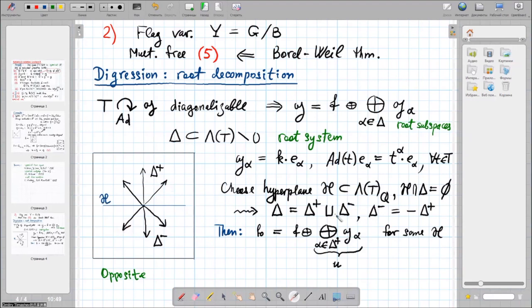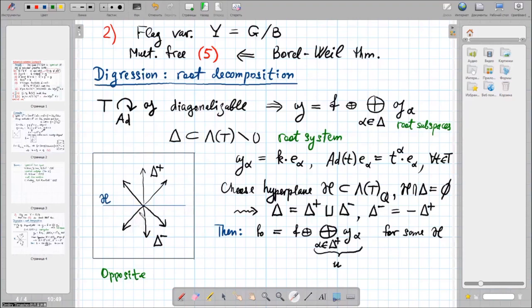And this automatically implies this equality for any H satisfying this condition. It is not symmetric with respect to the hyperplane H. When you reflect along the hyperplane, you may go out of the root system.